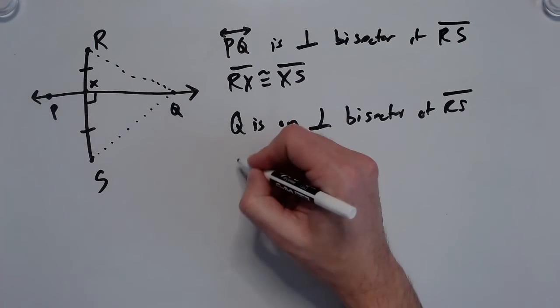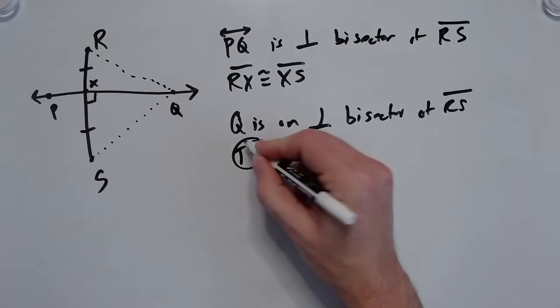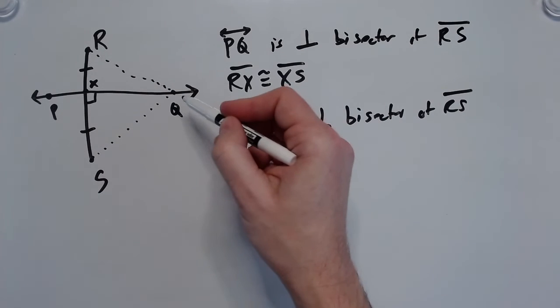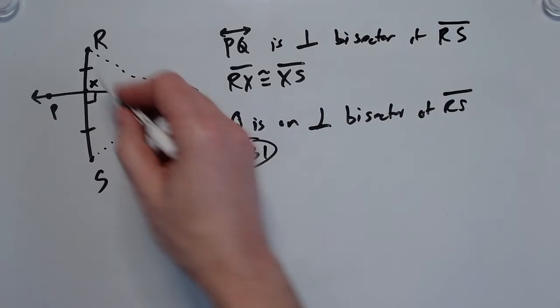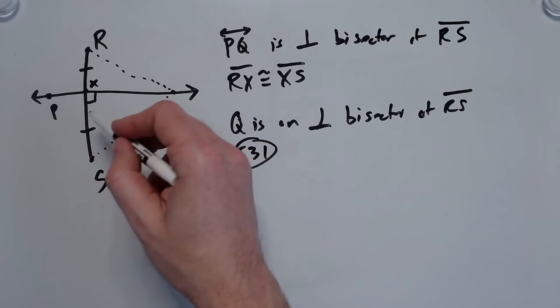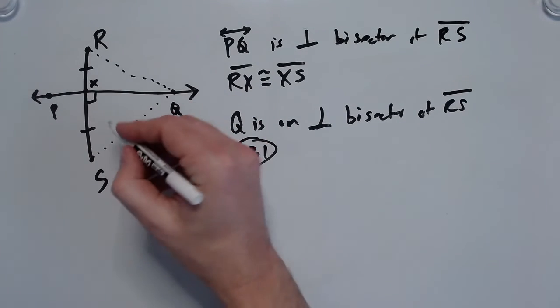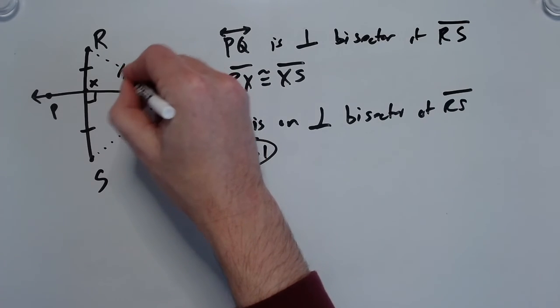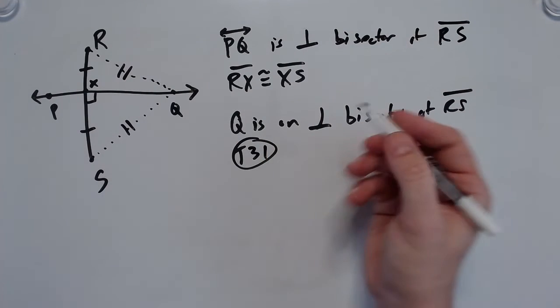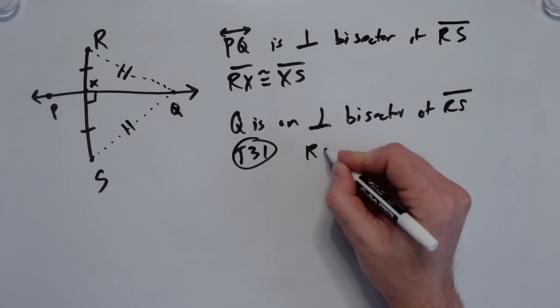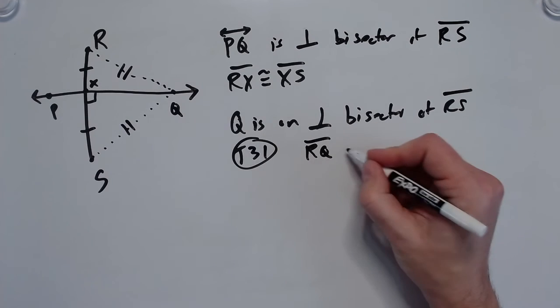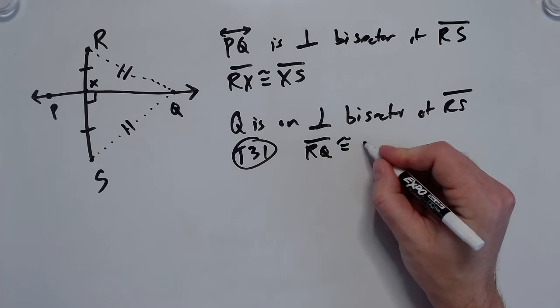This is so because of Theorem 31: if a point lies on a perpendicular bisector of a segment, which it does, then the point is equidistant from the endpoints. So because of Theorem 31, we know that RQ is congruent to SQ.